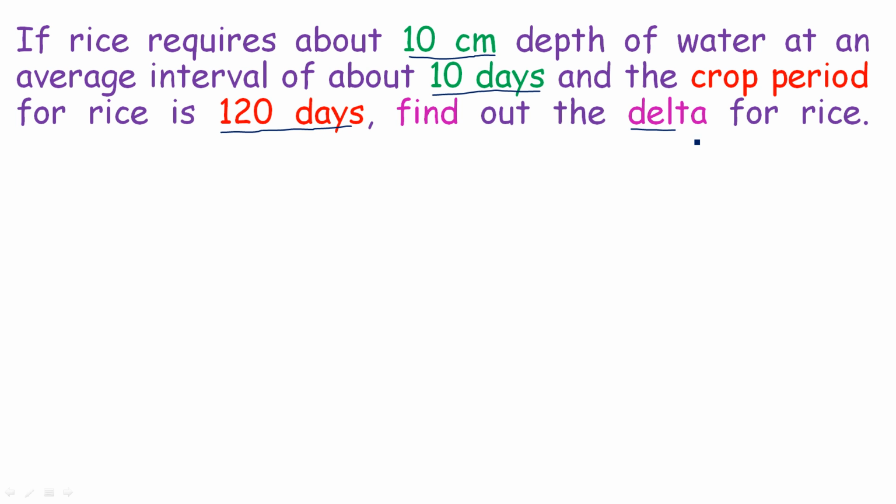Delta means the depth of water required for the crop throughout the crop period, and here the crop period is given as 120 days. Since in 10 days the amount of water required is 10 centimeter, in 1 day it is 10 by 10, that is 1 centimeter.